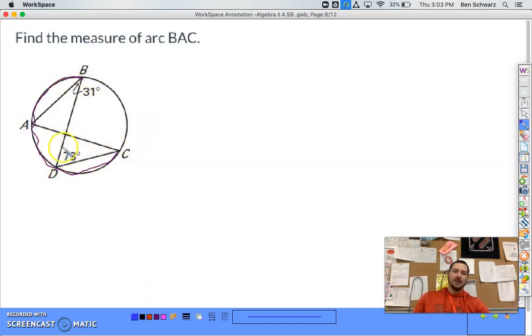An inscribed angle is half the intercepted arc. So this would be 146 from B to C. Then we take 360, which is the whole circle, minus that 146, and we get 214. So BAC is going to be 214 degrees.